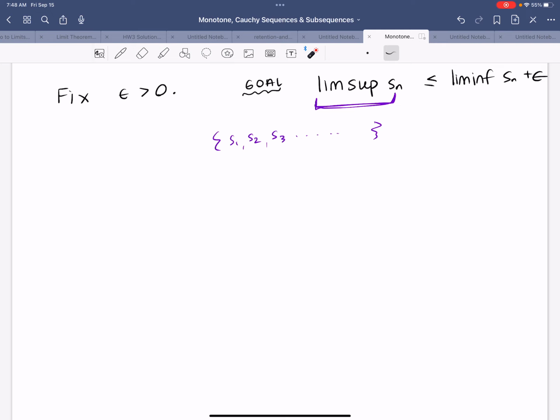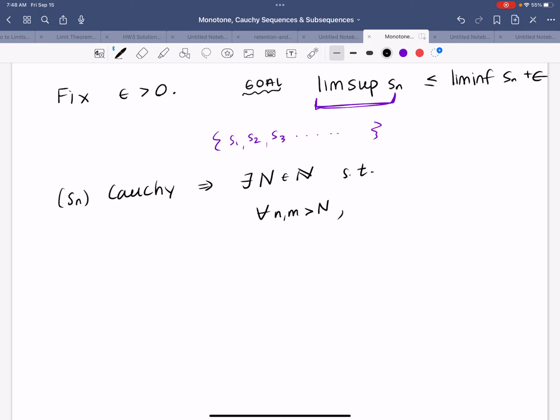So once we have our epsilon, let's just start off by using the fact that we're going to assume Sn is Cauchy, right? So we'll say Sn Cauchy implies there exists an index N such that for all n and m bigger than N, the distance between Sn and Sm is less than epsilon. Okay?